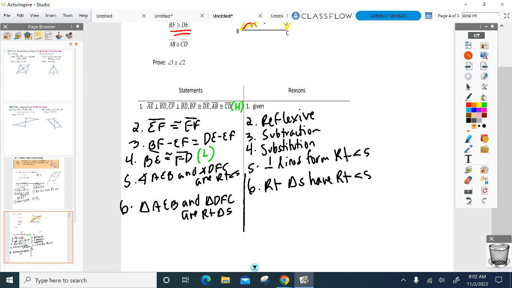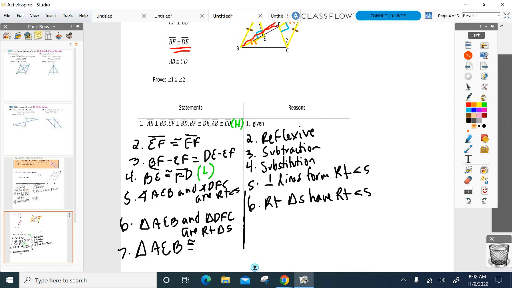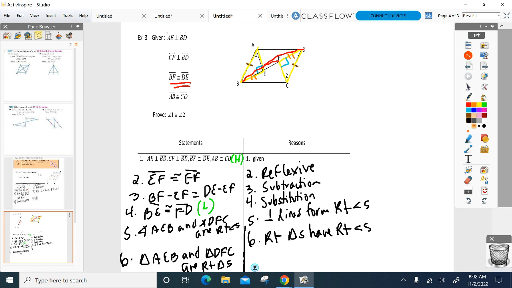Just a quick comment before we finish it. Remember I was picky about the order you write your letters and stuff? I'm only picky when you write that they're congruent to each other. I don't care that the order is right or wrong when you do this. I only care if the order is right or wrong in this next step when I say triangle AEB congruent to, let's see, if I go AEB, I got to go what?